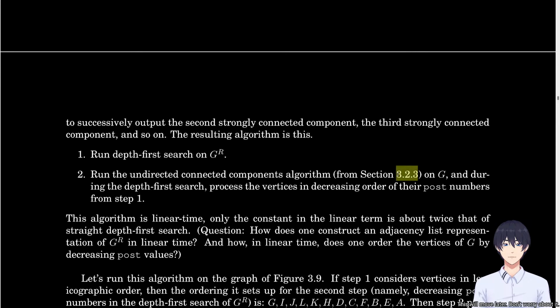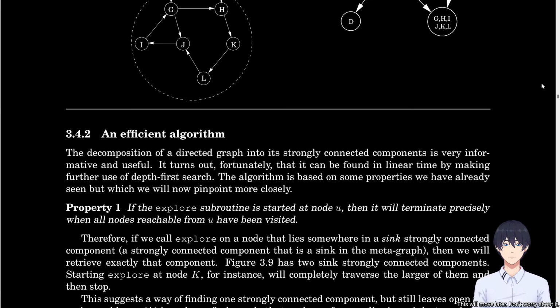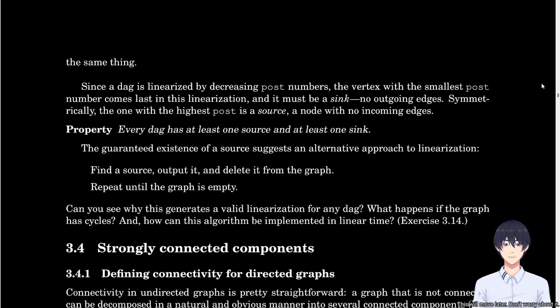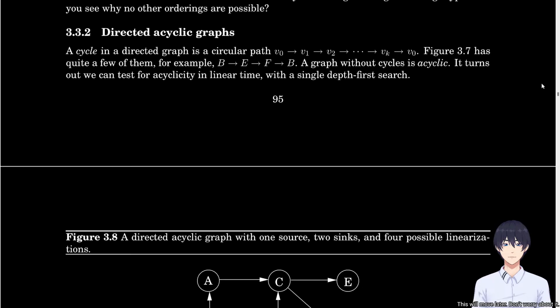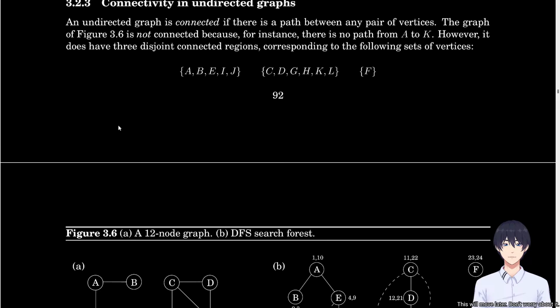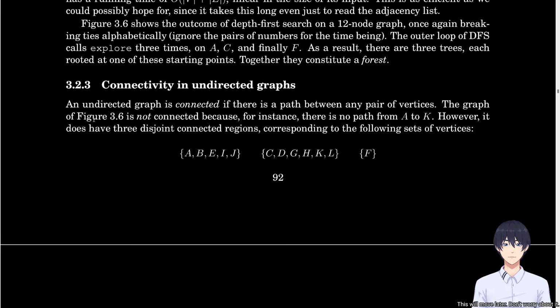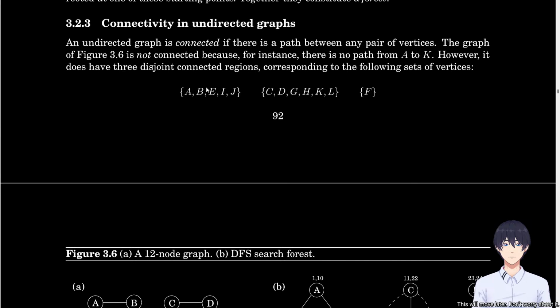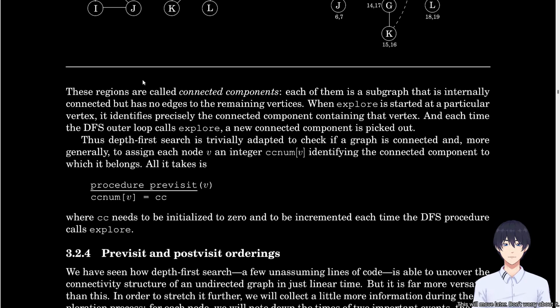Okay, I really need to find this thing. 3.2.3. 3.2.3 is close to here. Okay, it's the one I skipped. These regions are connected components.